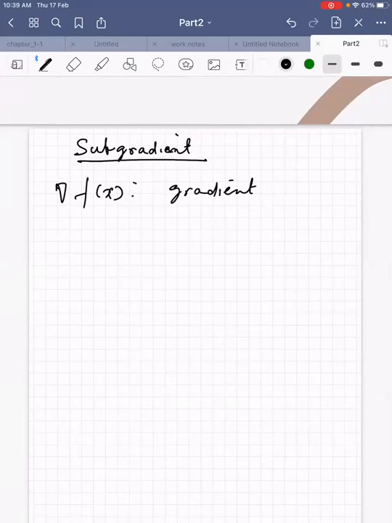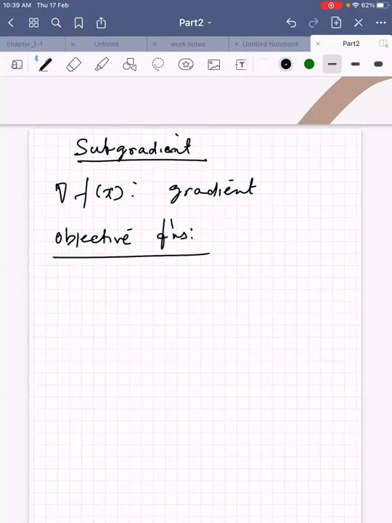That means objective functions, or constructed objective functions in the intermediate stages of problems, may not have the gradient defined. That is, the gradient may not exist at all the points.